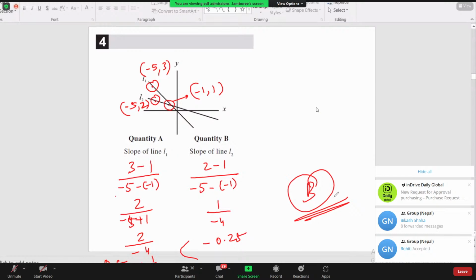Does the process make sense to everyone? Great. 15 seconds to note down the idea and then we'll move on.